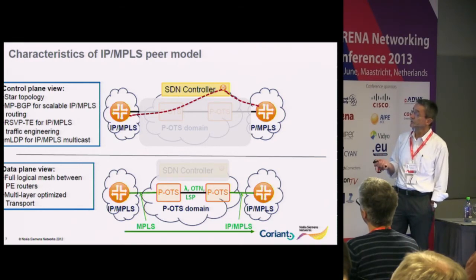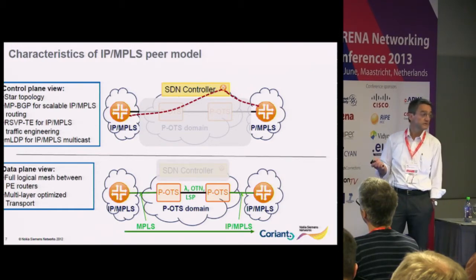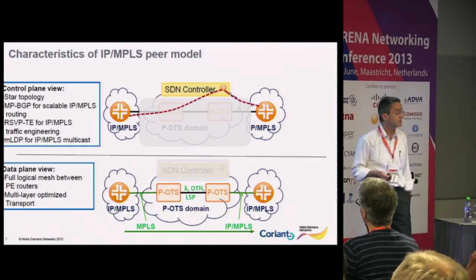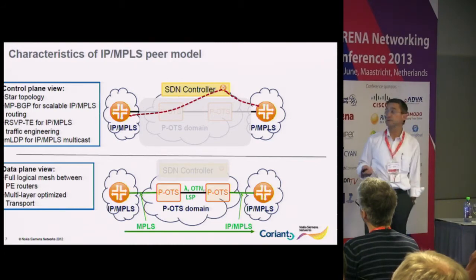So from a control plane point of view, it just looks like a router network, a star network, but that's just the control plane point of view. And we propose to use the multi-protocol BGP, the RSVP-TE, and the mLDP. And that's the same as in seamless MPLS.